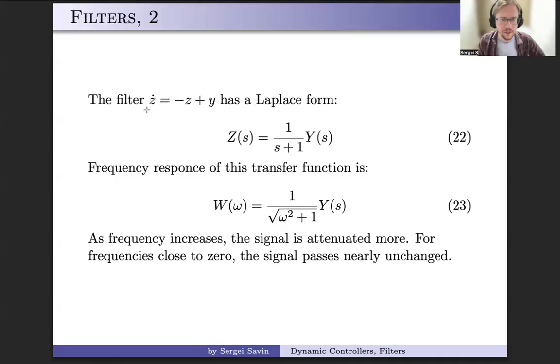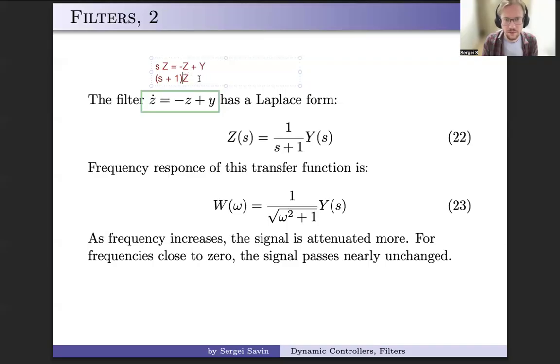So this low-pass filter, we can represent it in Laplace form. There'll be S times Z equals minus Z plus Y, right? Which we can, as usual, collect everything on the left-hand side.